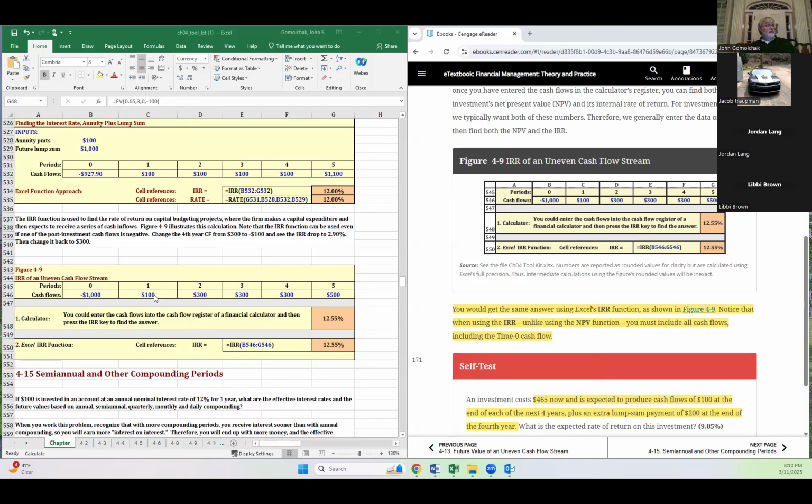So for example, we see that our first amount back is the lowest amount, and the last amount back is the highest. So with what we're learning in this chapter with regard to present value, we want to compare this $1,000 outlay of cash versus this future return of money. This $500 out here, if we were to do the present value of this $500, what's the percentage here?